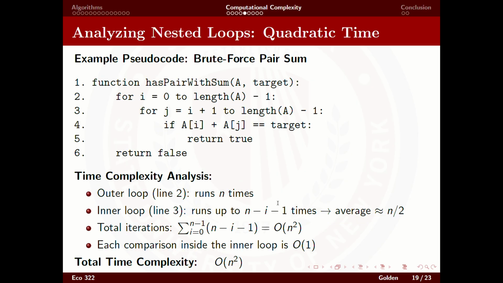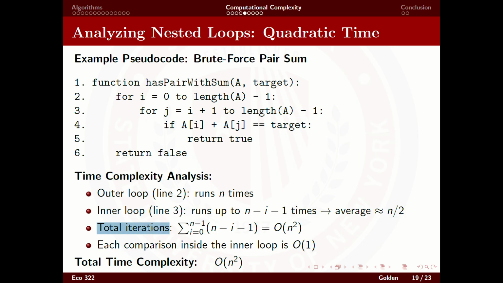So here's quadratic time, where we have nested for loops. So we have has pair with sum. You're checking whether there is a pair of two numbers in the list that sum to target, and you're returning true if there is. In the worst case scenario, the outer loop runs n minus 1 times, and the inner loop runs up to n minus i minus 1 times.